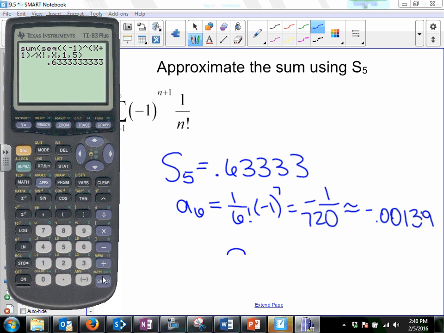So our sum would be between, please take 0.63333 plus 0.00139. And then we'll go the other way, we'll subtract.